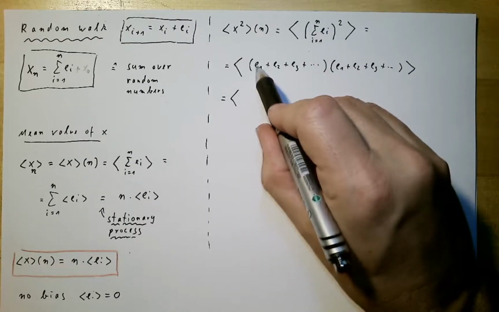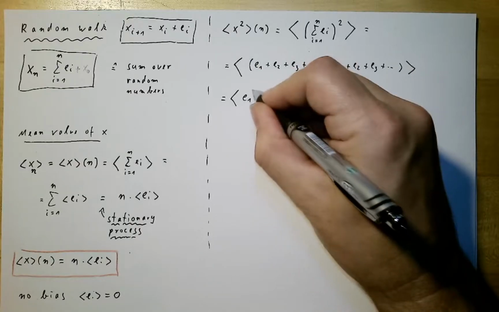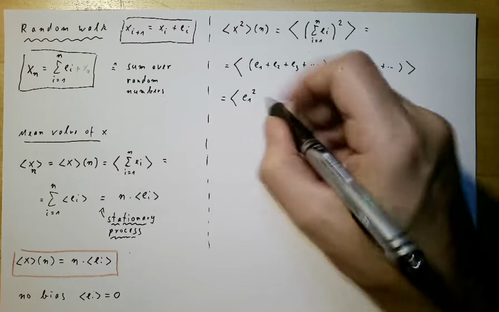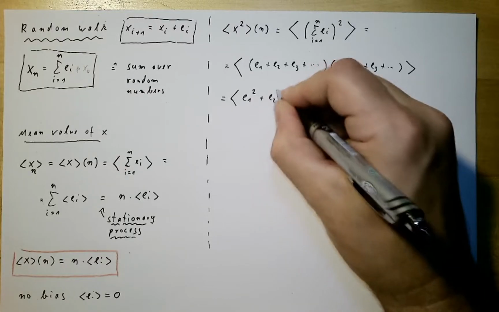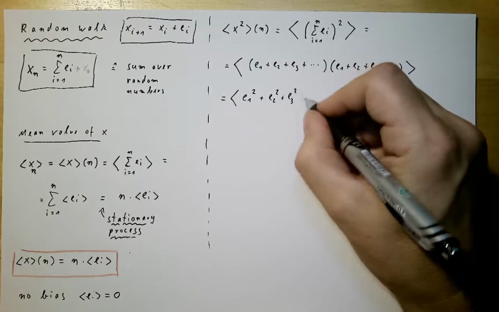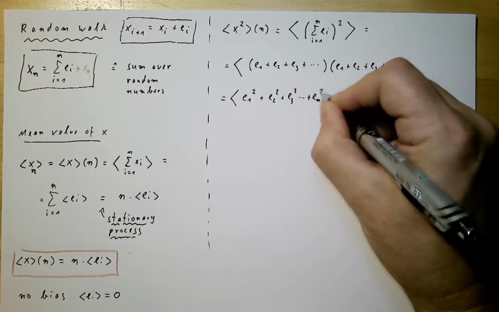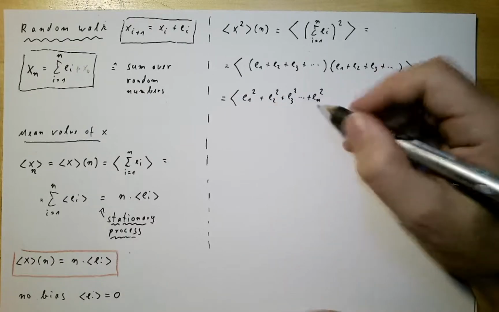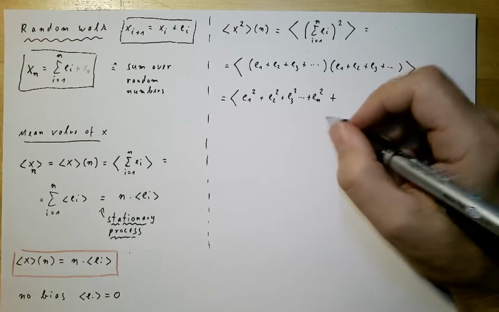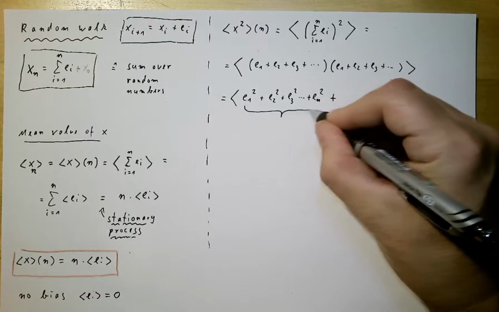So we have first here e1 times e1, so we have e1 squared. Then we also get a term e2 squared. We get a term e3 squared. And so on until plus en squared. So we have n such terms.